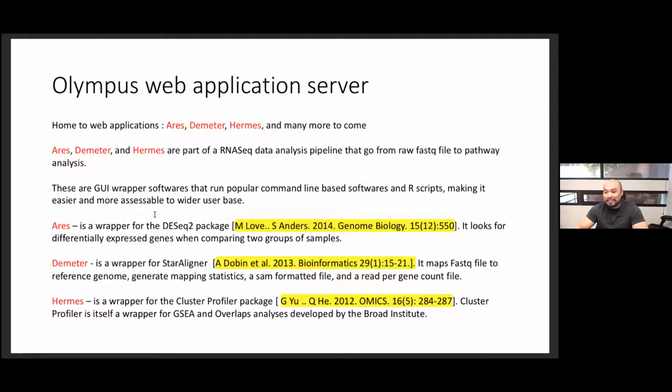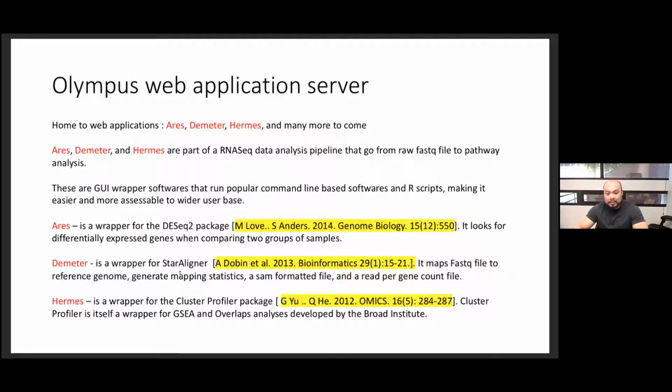What we have created is a graphical user interface. You have a user-friendly graphical user interface wrapper around popular command-based software like STAR Aligner. There are popular command-based R scripts like DESeq2, and also clusterProfiler. So Ares is essentially running DESeq2.